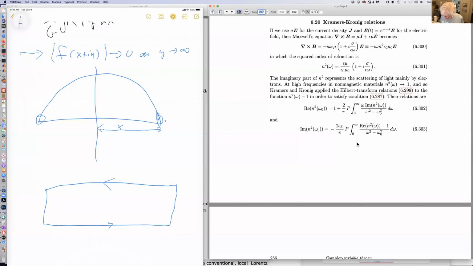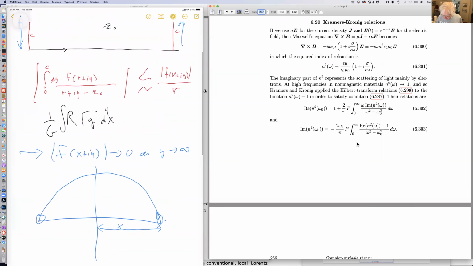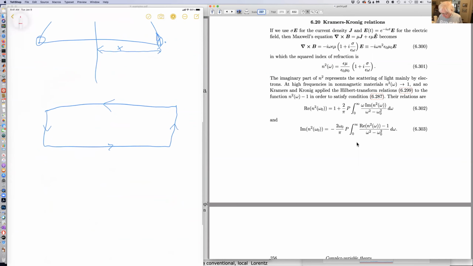And so I said the integral along this is actually 0, and the reason I did that was that I was able to show that these two line integrals are super small.